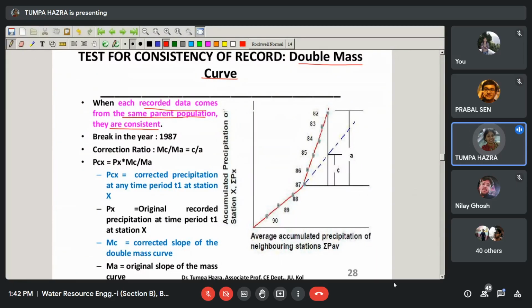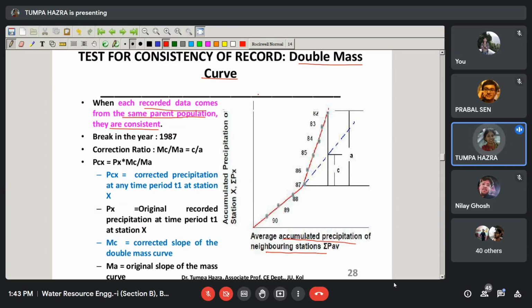So 90th data will be your first entry and 82nd data will be your last entry. And then you will determine the accumulated precipitation for your sample station and the average accumulated precipitation of the neighboring stations.